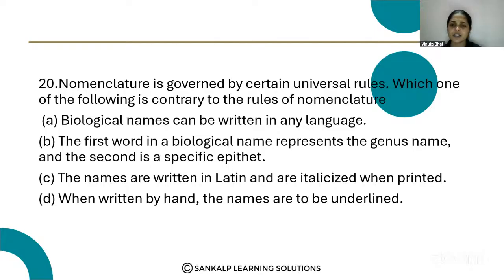The Latin may originate from words taken from some other language, but it will be in Latin only. So option A is contrary to the rules of the nomenclature. Option A is the correct answer for this question.